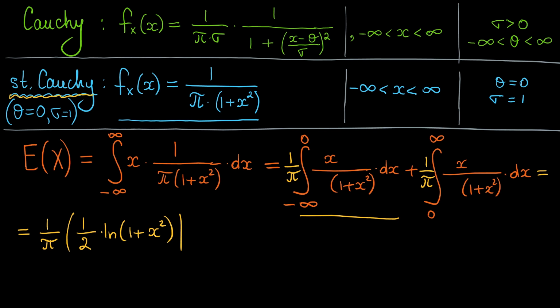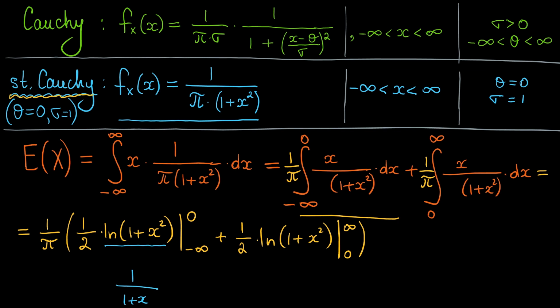And let's put its limits of integration, negative infinity to 0. And the second one will be the same, 1/2 times log of 1 plus x squared, but different limits of integration, 0 to infinity. Let's quickly check that we got this right. The derivative of the log of 1 plus x squared will be 1 over 1 plus x squared.